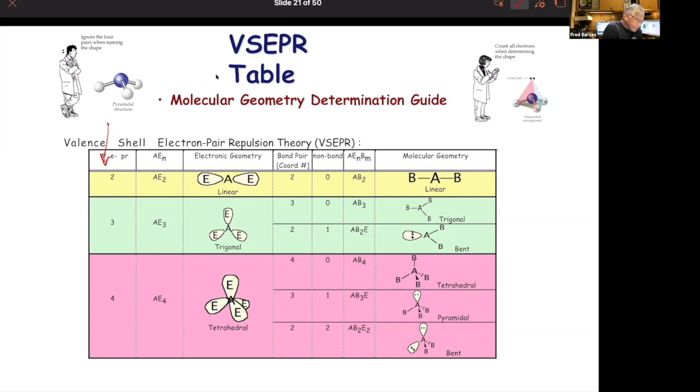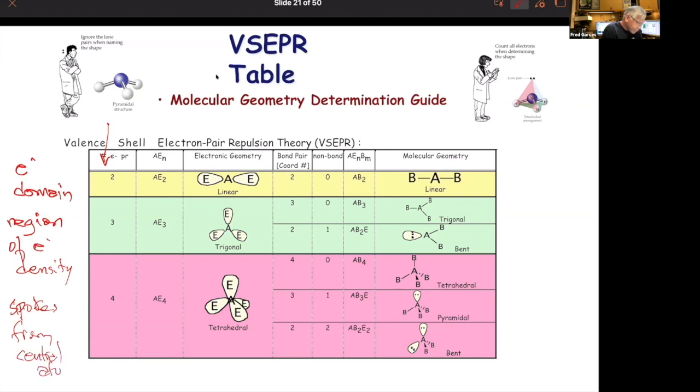That right there is electron domains, or regions of electron density, or spokes from the central atom. And it's only going to be 2, 3, or 4.